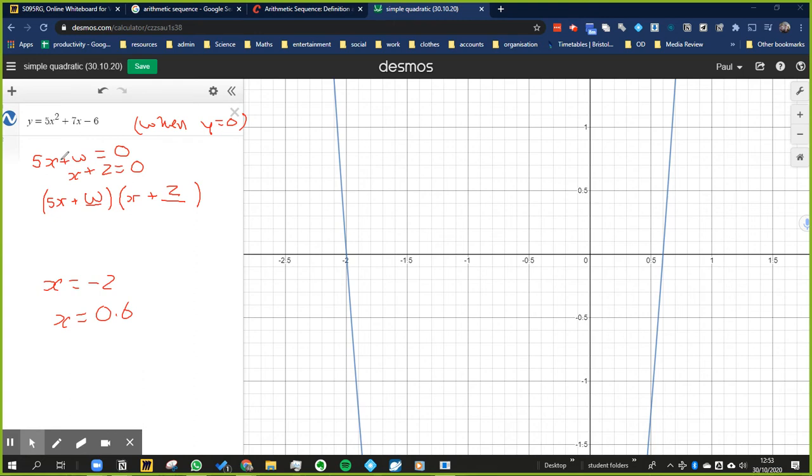So basically x is equal to minus w, and we would rearrange that to say that x is equal to minus w over 5. Actually, I'm just not going to rearrange it, I'll do minus w.